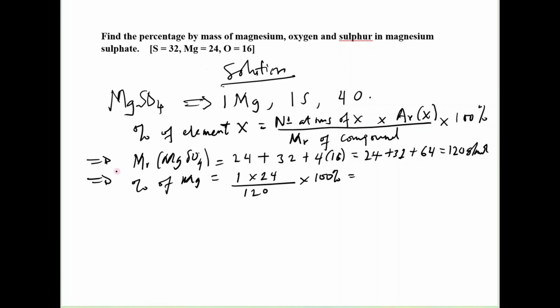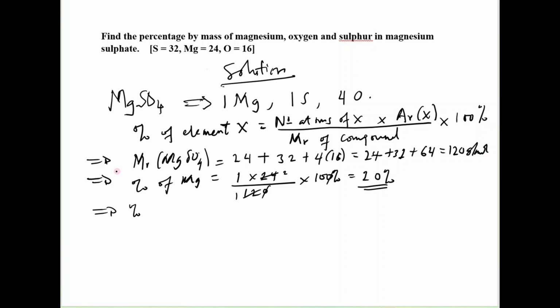What will this give us? The 0 will cancel the 0 here, and 12 goes into 12 by itself, and it will go twice in 24. So what is left behind is 2 multiplied by 10, which is 20% of magnesium.